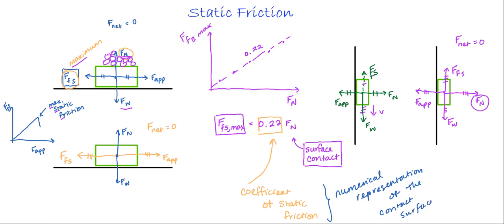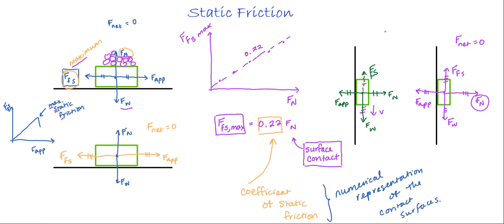So what do I mean by numerical representation of the contact surfaces? Let's say in this example with the box being held up against the wall. Let's say I couldn't push any harder without breaking the wall. So I needed to figure out a different way to keep the object at rest against the wall.